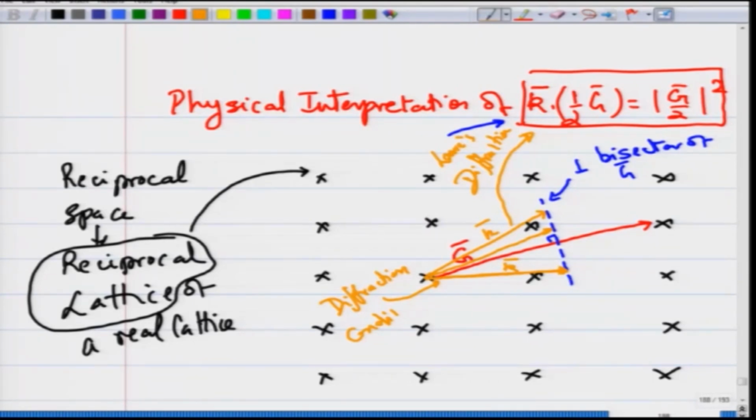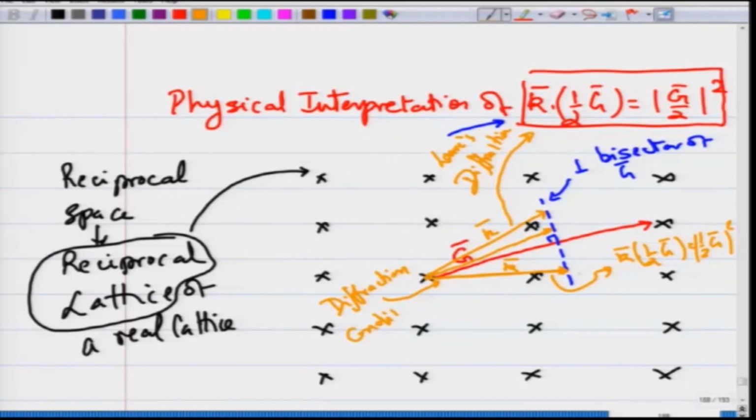All of these wave vectors will satisfy the equation k dot half of G is equal to half of G the whole square. You can show that all these wave vectors which are falling on this perpendicular bisector of G satisfy the Laue's diffraction condition.